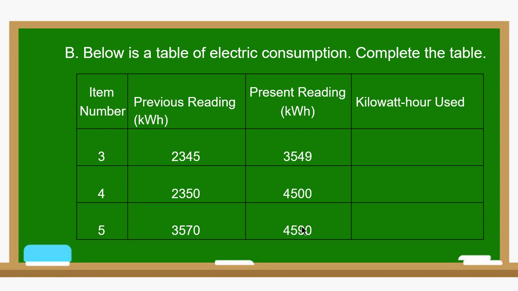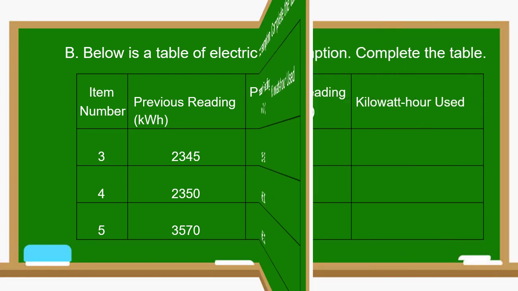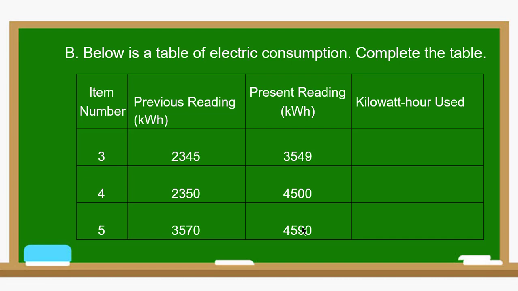Item number 4. Previous reading is 2,350 kilowatt-hour and the present reading is 4,500 kilowatt-hour. Item number 5. Previous reading 3,570 kilowatt-hour and present reading is 4,590 kilowatt-hour.